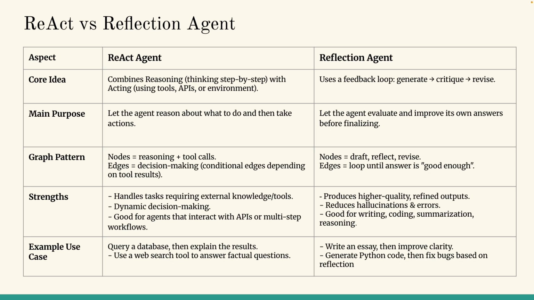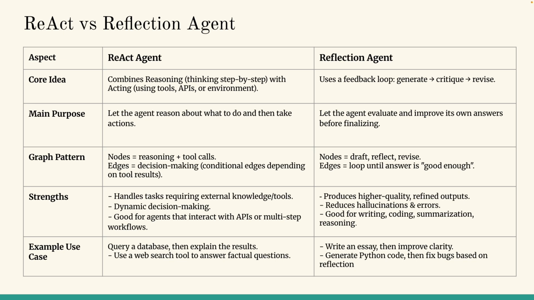The Reflection Agent continuously improves any response generated by the LLM, with steps like generate, critique and revise, looping until we get a satisfactory result. The main purpose of the React Agent is to let the agent reason about what to do and then take actions. For the Reflection Agent, it is to let the agent evaluate and improve its own answers before finalizing.